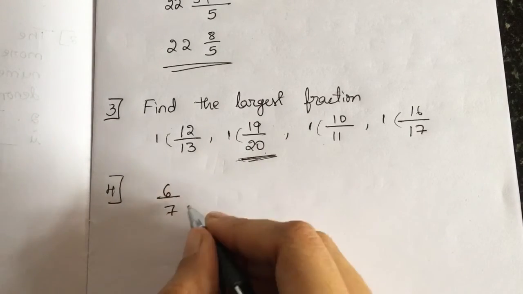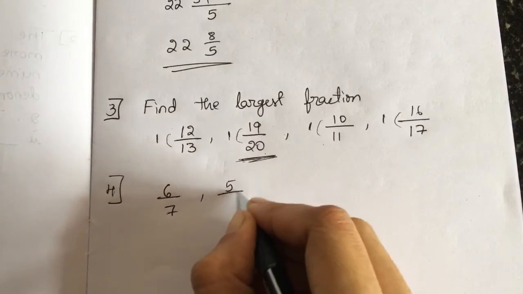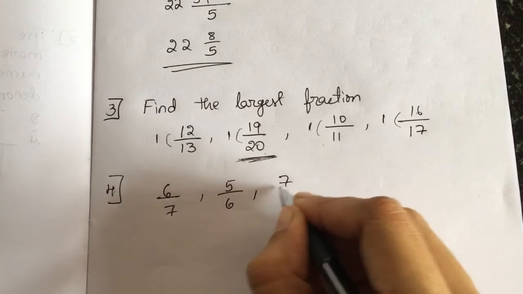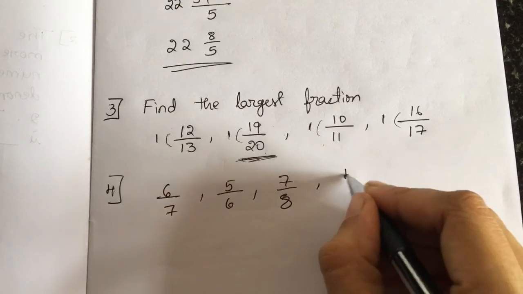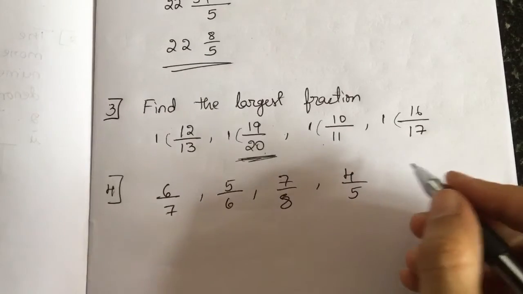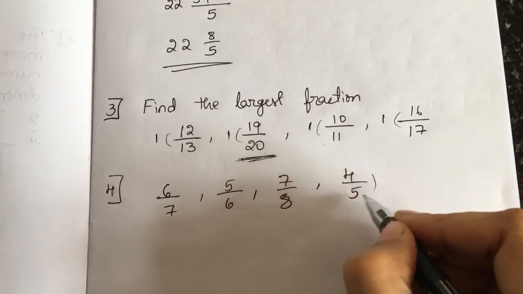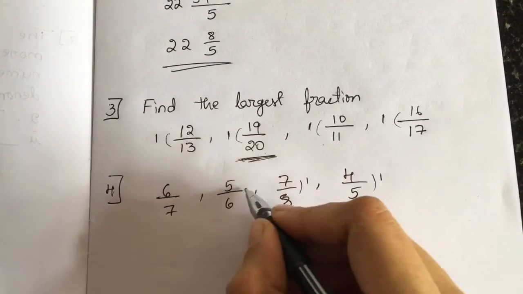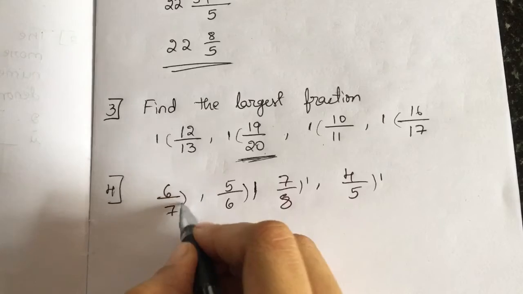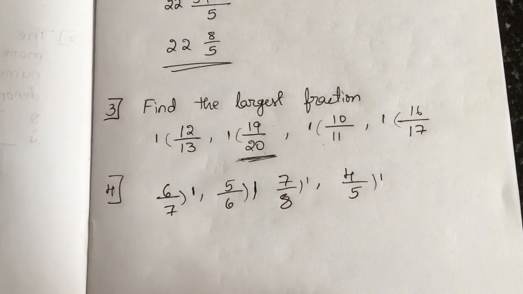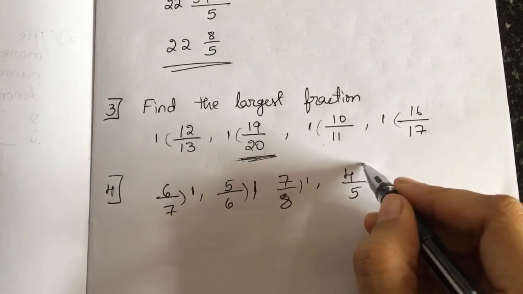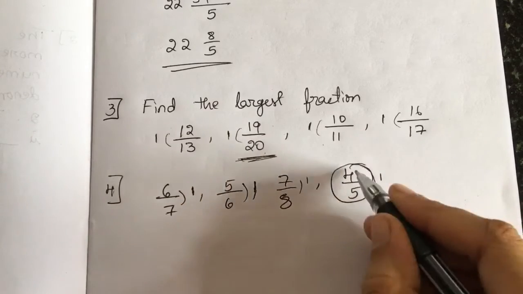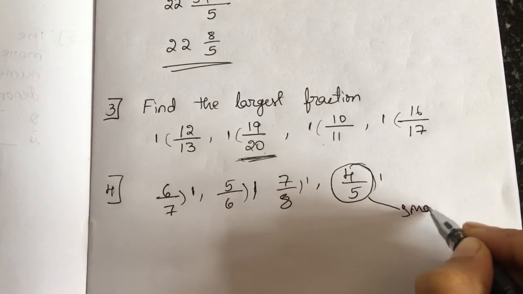6 by 7, 5 by 6, 7 by 8, and say 4 by 5. I'm taking the same thing in this also. Here again the difference is 1, this also has a difference of 1, this also has a difference of 1. So I'll take this as the smallest one because it has the smallest numbers.